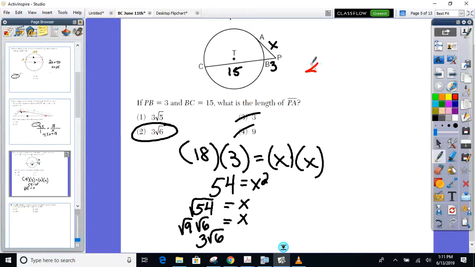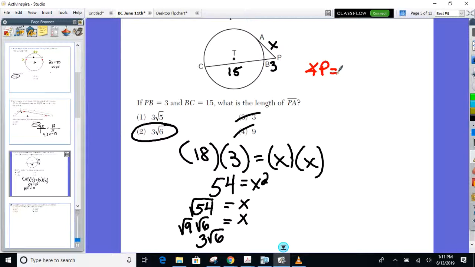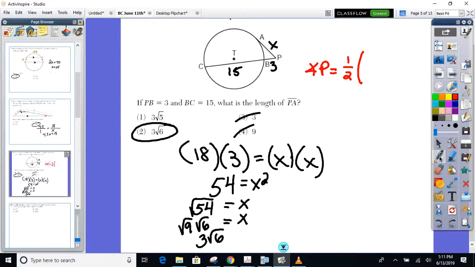Somebody explain to me how to find angle P. No numbers, obviously there's none on there. But how do you find angle P? What would you do? And you can use arc names here. Go ahead, Evan, shoot. It's 1/2, arc CA minus arc AB.